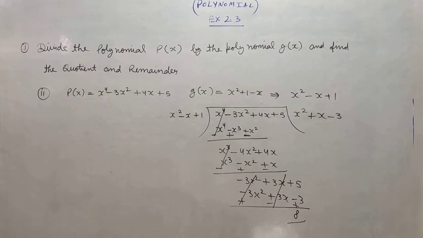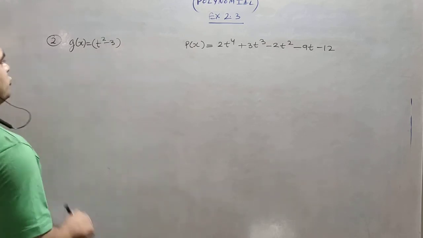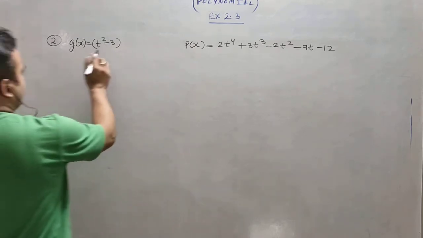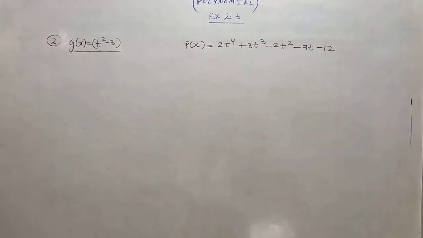So we start question number 2 here so that you can see what the procedure is. I have taken the dividend as p(x) and the divisor as t square minus 3. So we have to check whether this g(x) is a factor of this. Question number 1 and 2 are both the same, right?